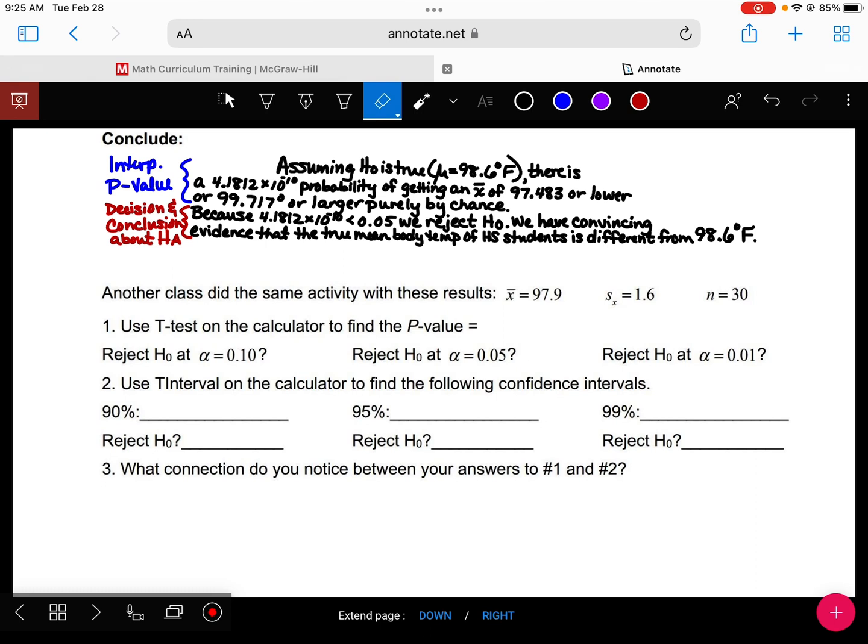We want this to be the not equal. And then we're going to come down to calculate. What is the p-value? 0.0232.